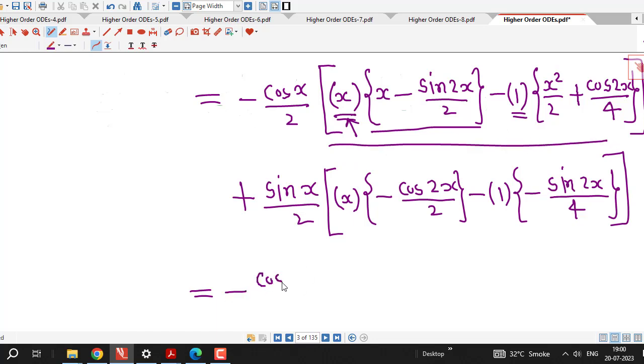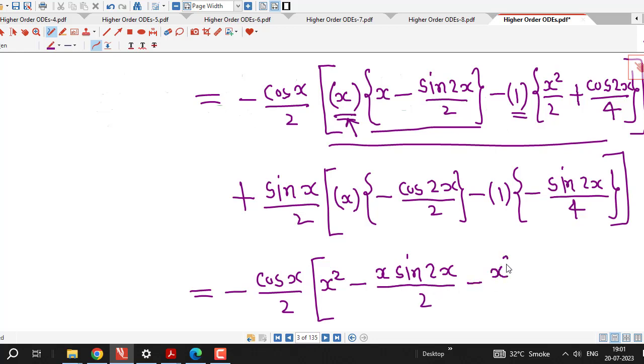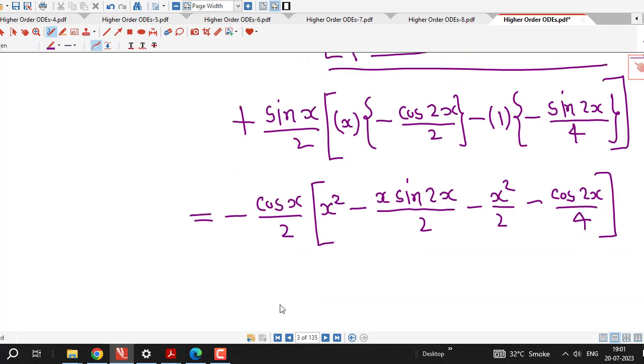This is minus cos x by 2. Here I will multiply this bracket by x, and I have x square minus x sin 2x divided by 2 minus x square by 2 minus cos 2x by 4, plus, let me rewrite this again, sin x by 2 as it is.